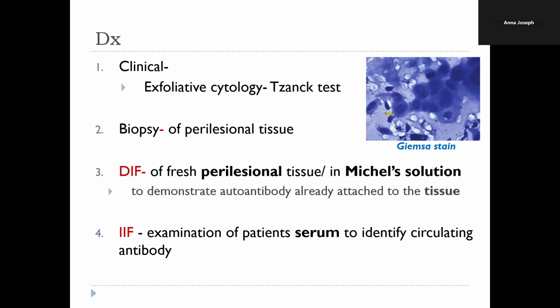So fresh lesional tissue has to be transported in Michel solution, and this will help to demonstrate the autoantibody which is already attached to the tissue. In indirect immunofluorescence, examination of the patient's serum is done to identify circulating antibody.